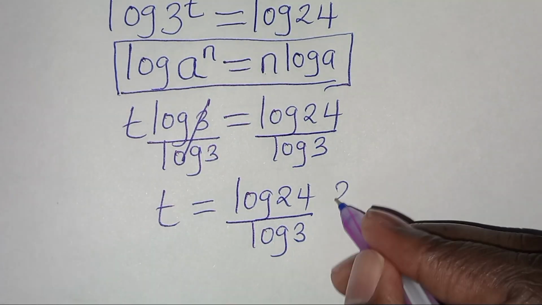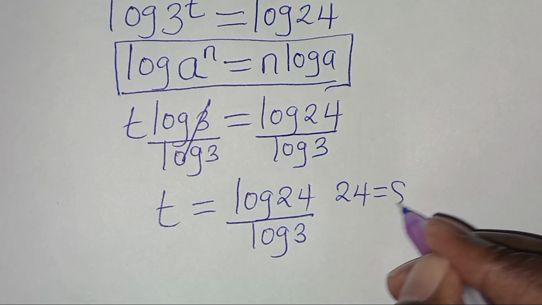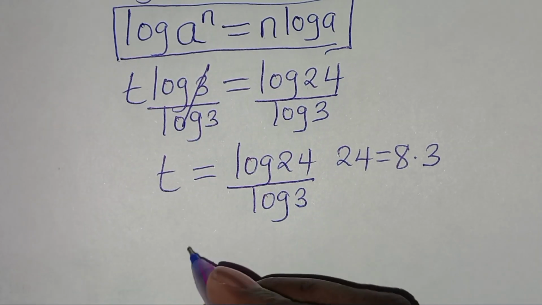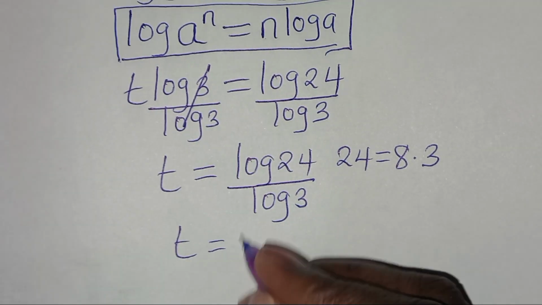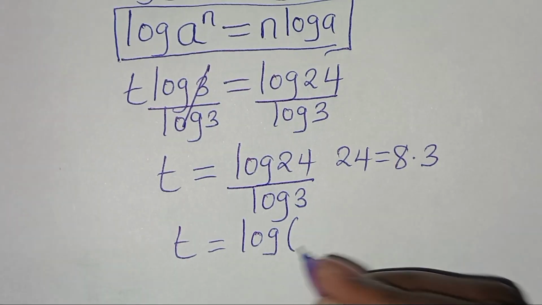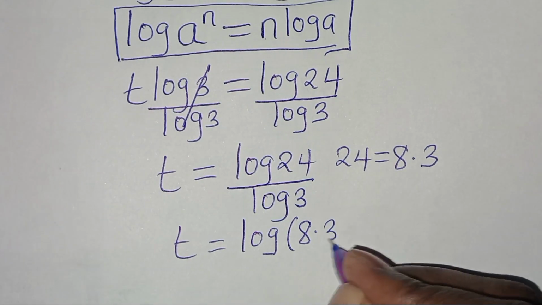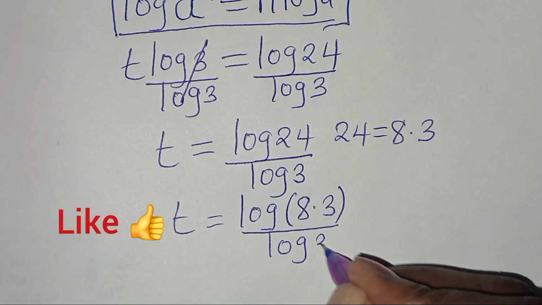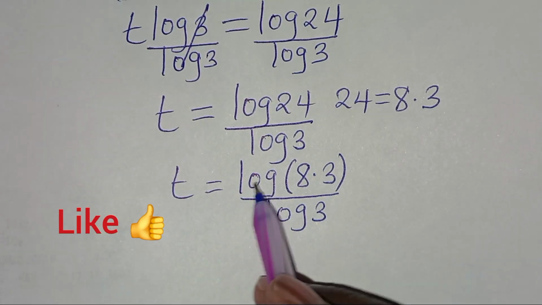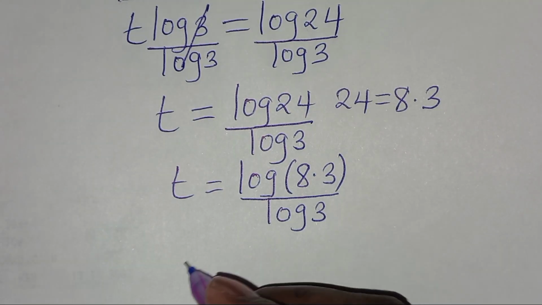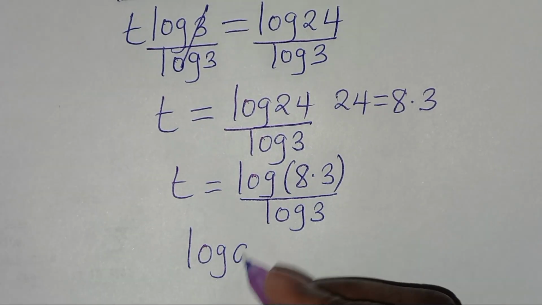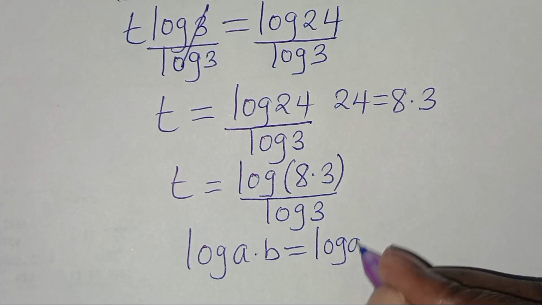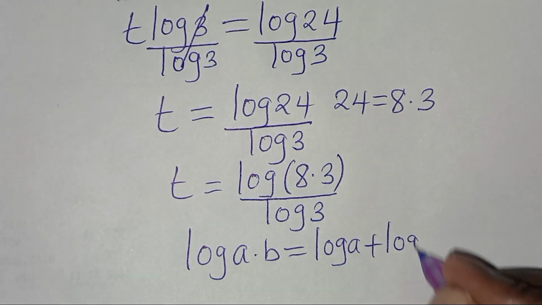Now we can express 24 as 8 multiplied by 3. So this implies that t is equal to log of 8 times 3, divided by log 3. Now log of 8 times 3 is in the form log of a times b, which we can express as log a plus log b.